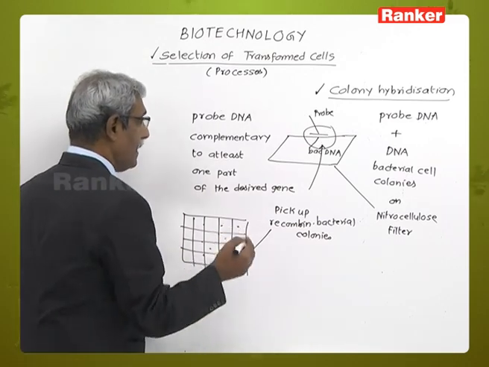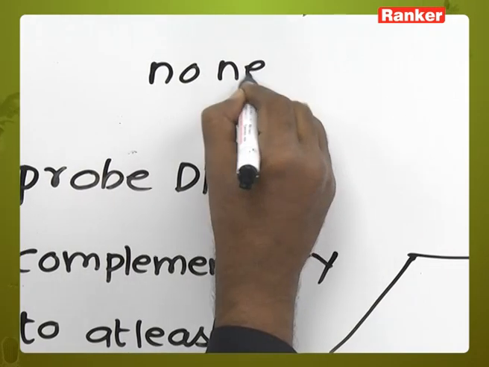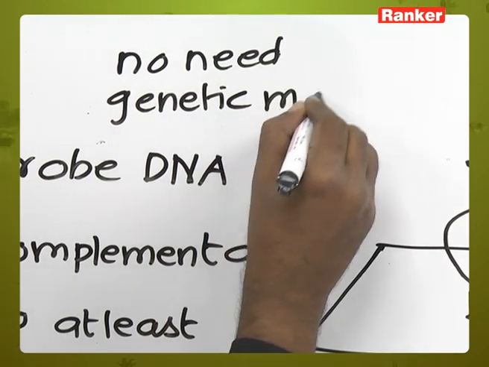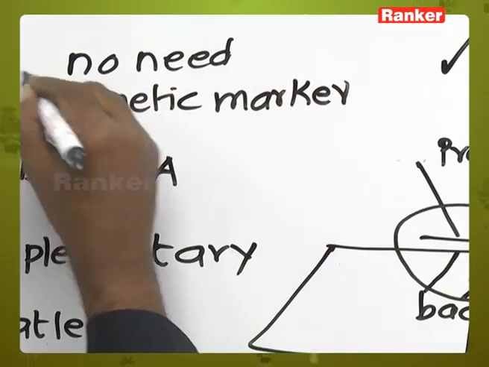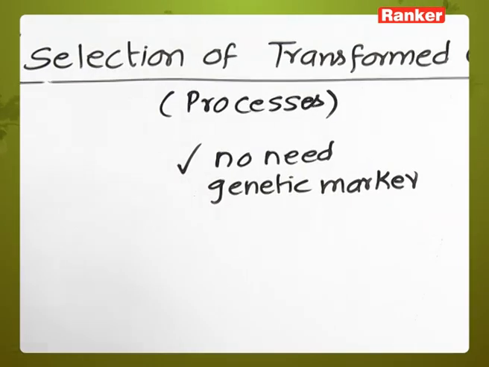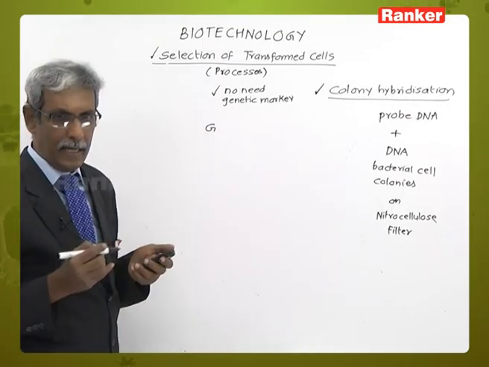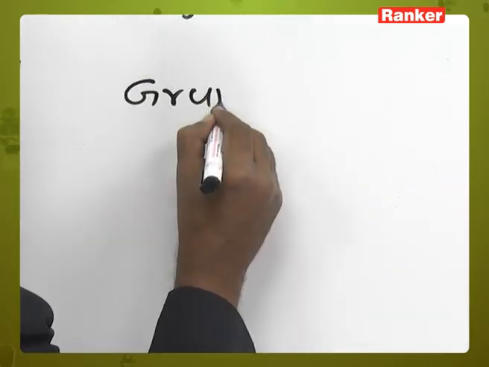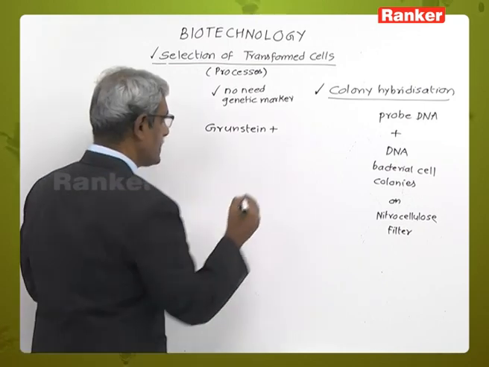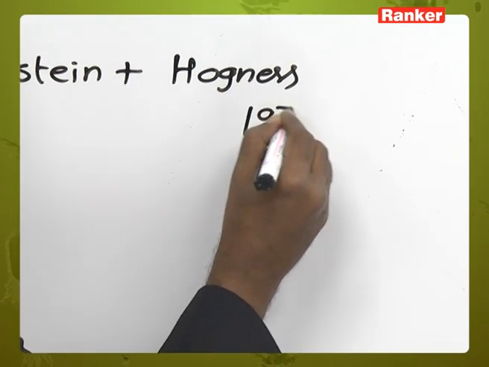Thereby, we understand in the case of colony hybridization, there is no need of a genetic marker. And again, this technique of colony hybridization has been studied by Grunstein and Hogness in 1975.